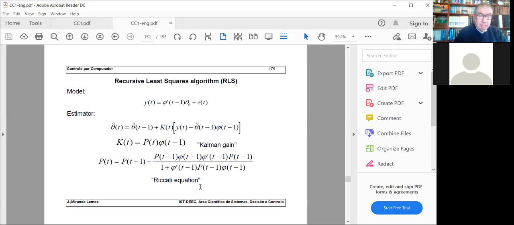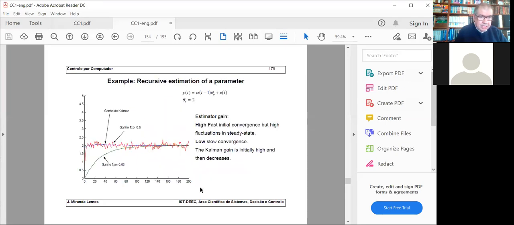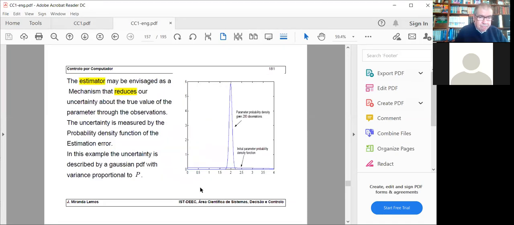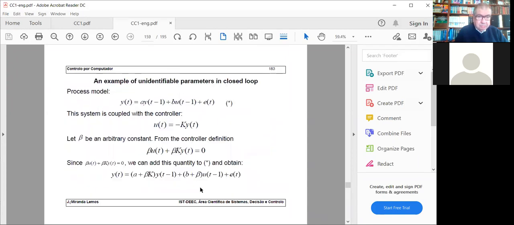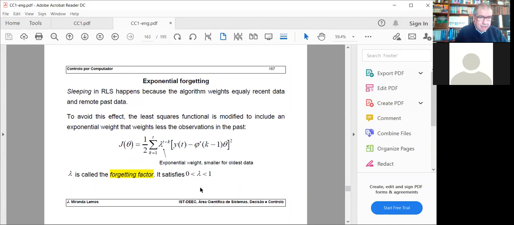And if you have to represent numbers in a computer where some of the numbers are very large and some other numbers are very small, you start accumulating errors. It's very difficult. So you have to do operations with numbers that have more or less the same scale. Also P must be kept symmetric, must be a symmetric matrix.